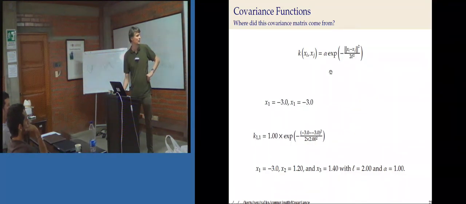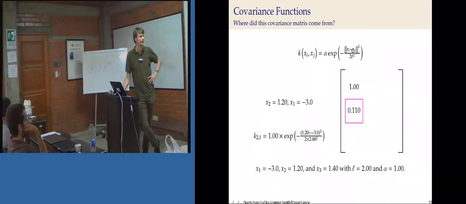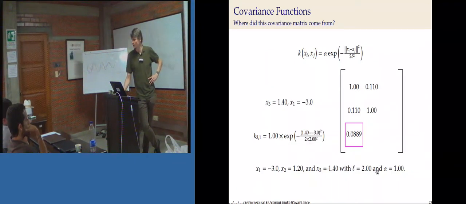However, if we look at x2 and x1, which are some distance apart, and we put them in our covariance matrix generating machine, they're a little bit lower. Of course, it's symmetric because it's the distance between the 2 and it's a covariance function. If we do the same for the center, we get 1 again. We're just feeding these input values along with the parameters into the covariance function.